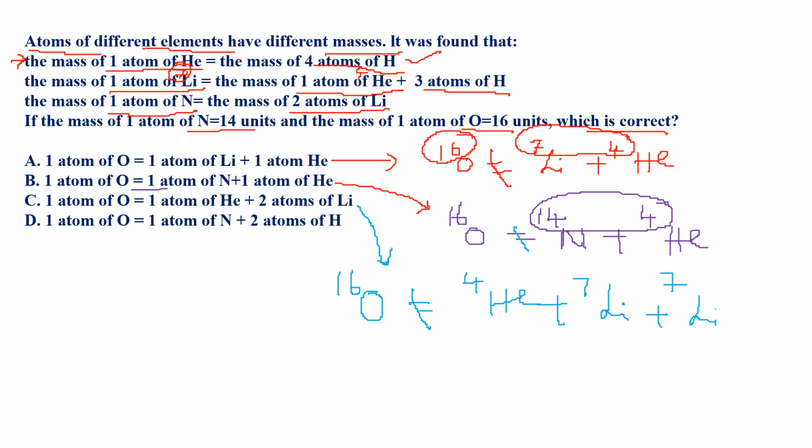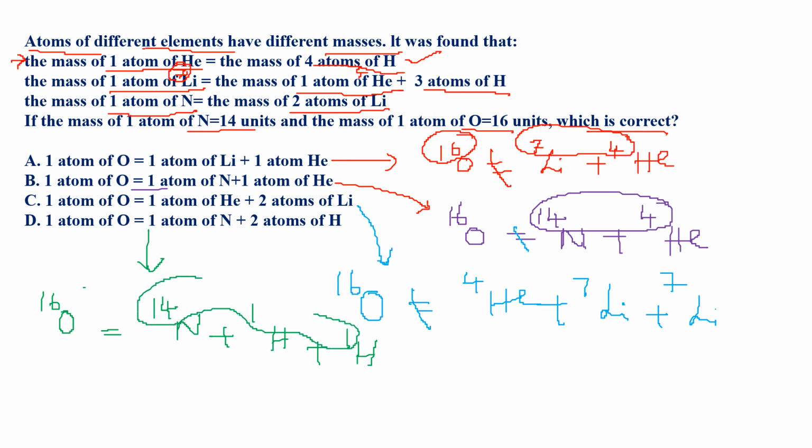Then we'll go for the next option, that is D. Oxygen atomic mass is 16, that is equal to nitrogen 14 plus 2 hydrogen atoms. Hydrogen 1, then hydrogen another 1. Now here the total mass is 14 plus 1 plus 1, total 16. Yes, it is equal. 16, 16 equal.